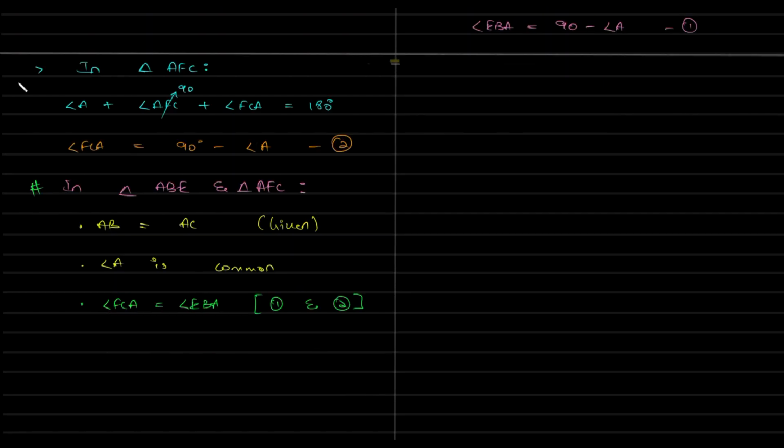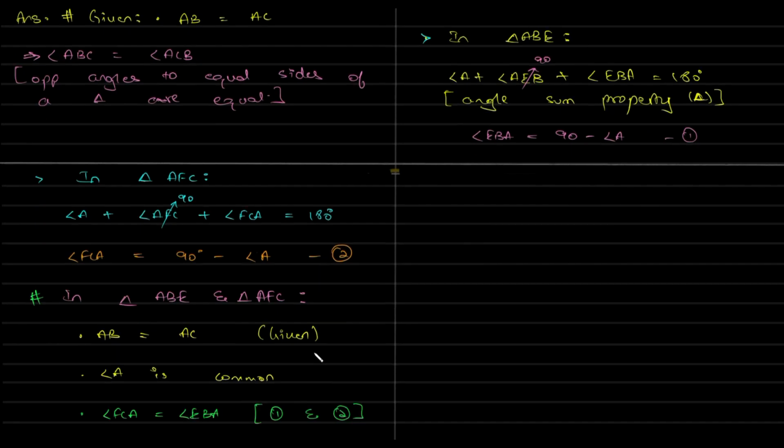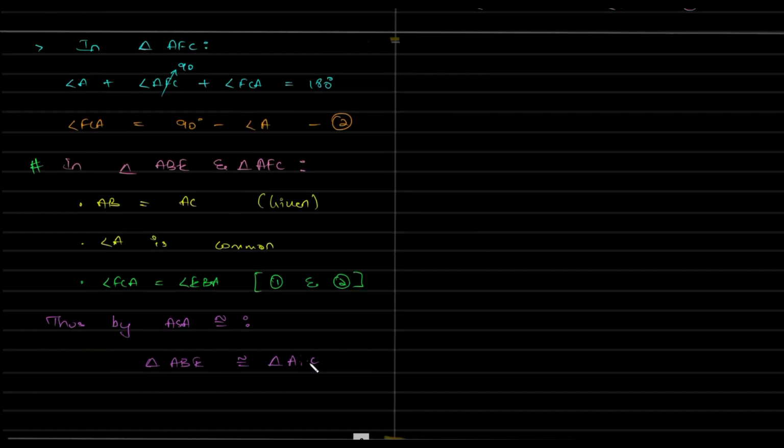See, it looks so neat. Thus by ASA congruency, triangle ABE is congruent to triangle AFC. Okay, this order is important when you're writing this.